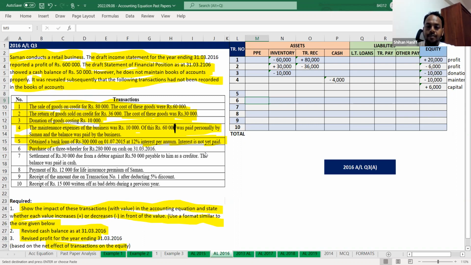How to record this? 300,000 bank loan, 1st of July 2015. Interest is 12% per annum. So you have to calculate the interest. Interest is not yet paid. Can you all tell me how to record this transaction?